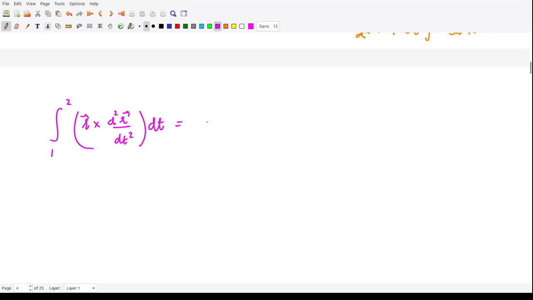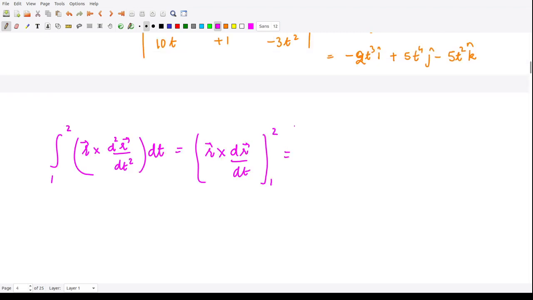This we have computed to be equal to r vector cross dr vector by dt computed at the points 1 and 2. So we have this vector here, minus 2t cube i cap plus 5t to the power 4 j cap minus 5t square k cap evaluated at the points 1 and 2.